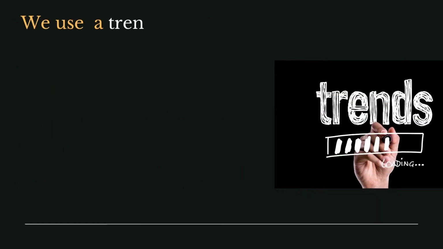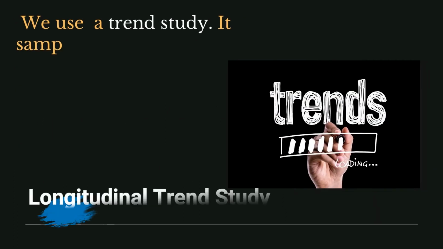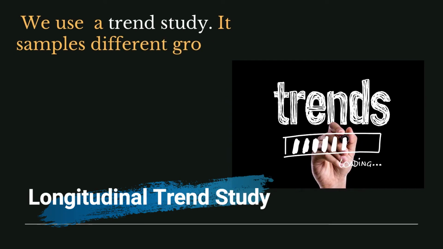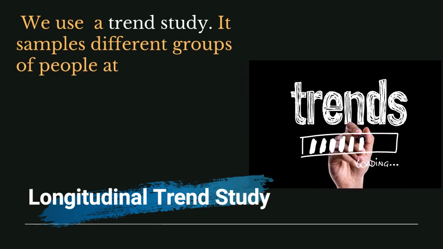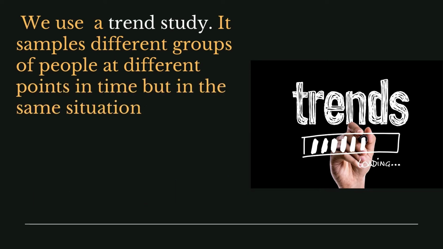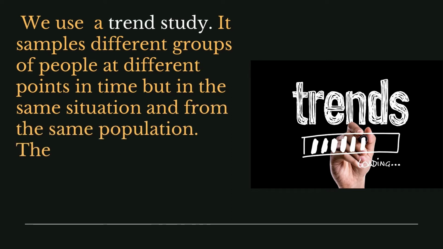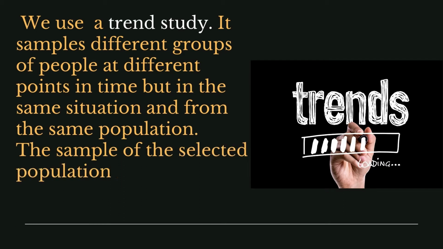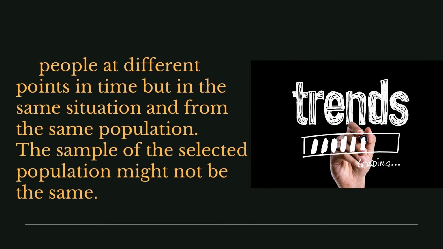To address such problems, we use a trend study. A trend study samples different groups of people at different points in time, but in the same situation and from the same population. Although the sample of the selected students might not be the same, they have to be students all the same. We administer a similar questionnaire to these groups of students over time.